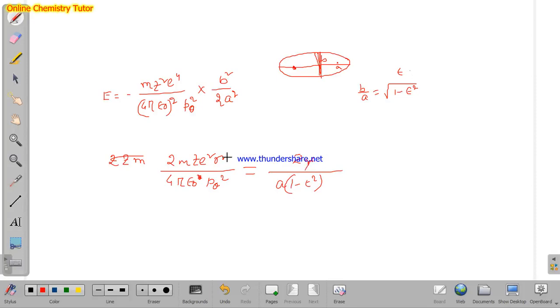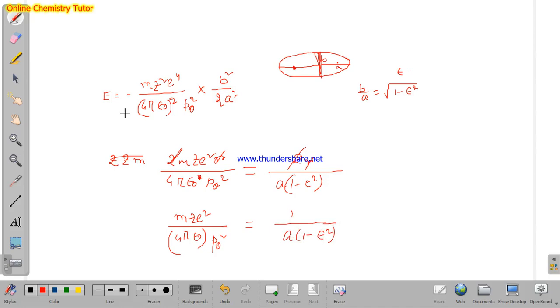Now cancel r from both sides, cancel 2 from both sides. These are the relations which you may write: m z square by 4 pi epsilon naught p theta square equal to 1 by a into (1 minus epsilon square).